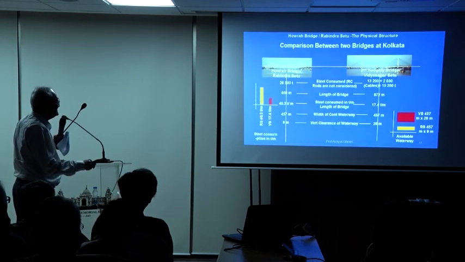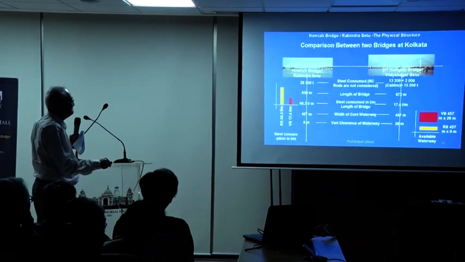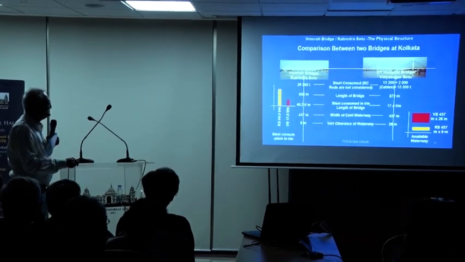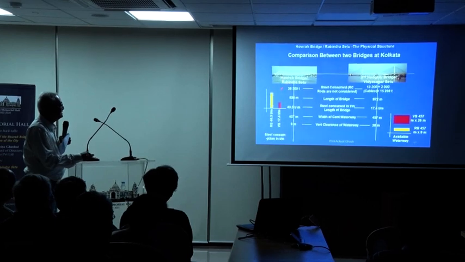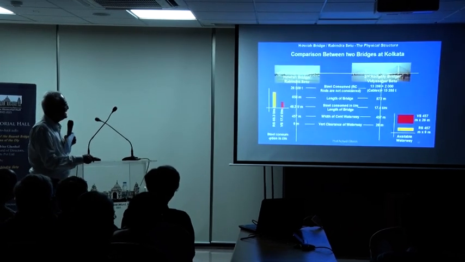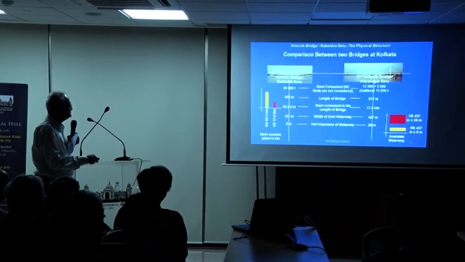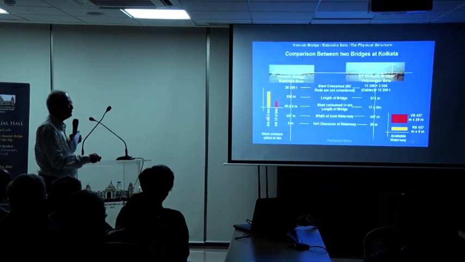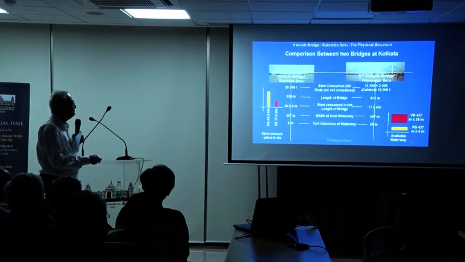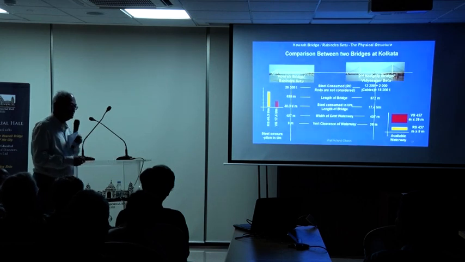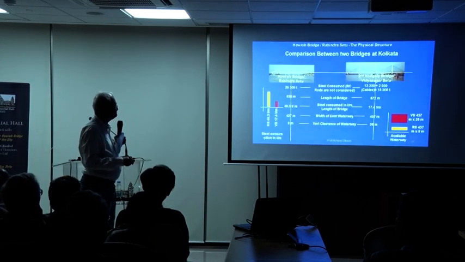See, this is the steel consumed per meter length of the bridge in Rabindra Setu, and this is the steel consumed 17.4 against 40.3 for Vidyasagar Setu, which already includes the cables.